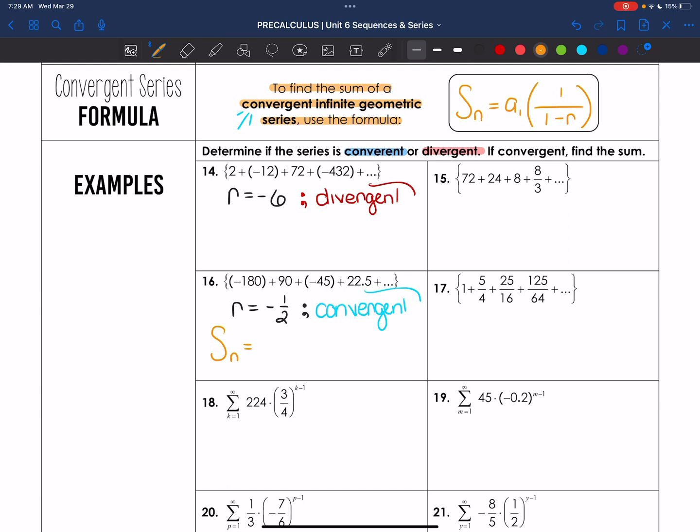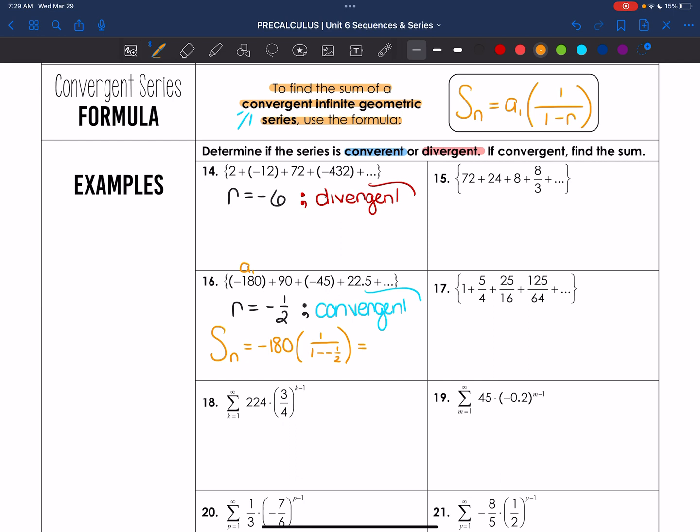It would be to take your a1 value, which is right here, and multiply that by 1 over 1 minus our r, which is -1/2.